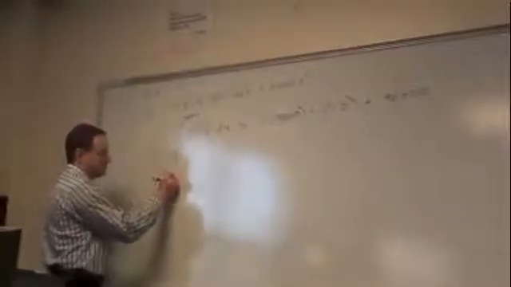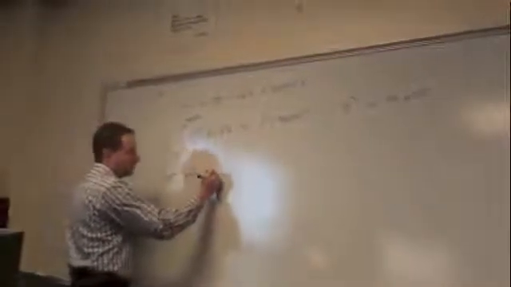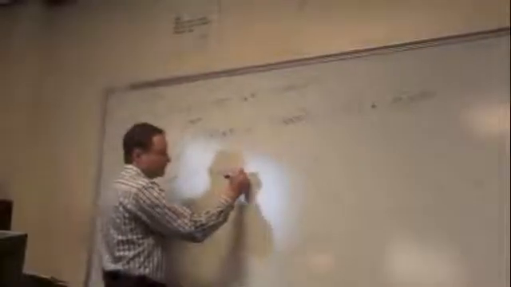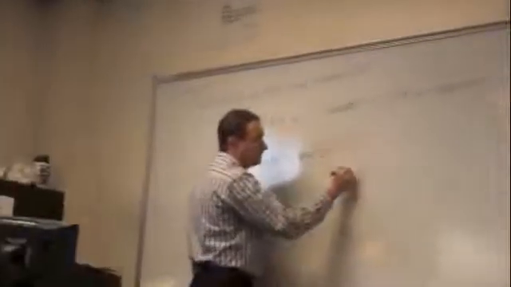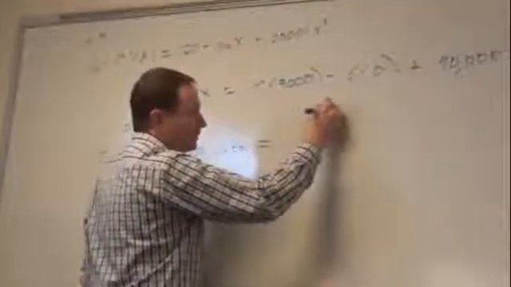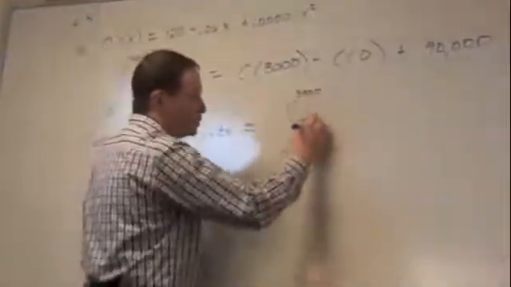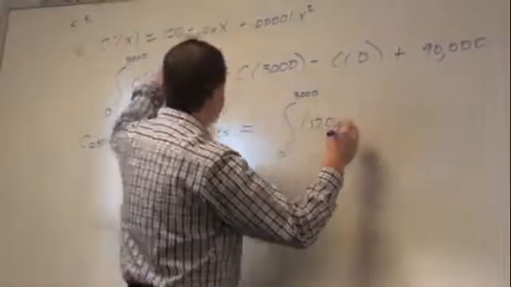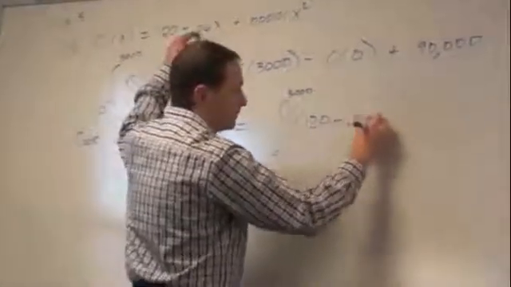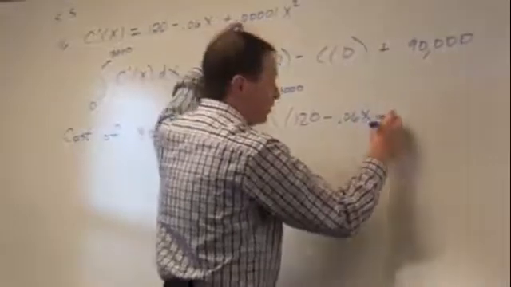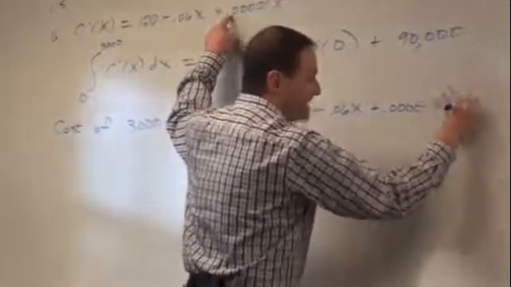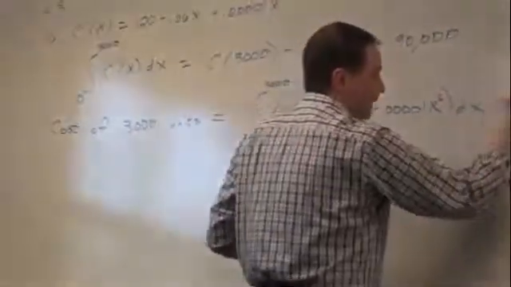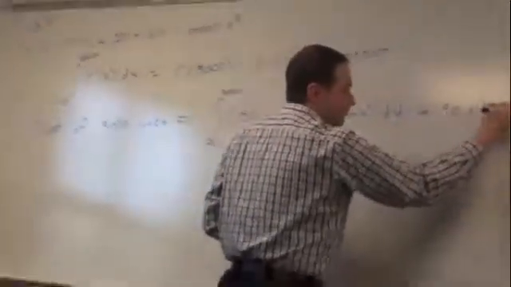So I'll say, okay, the cost of 3,000 units is going to equal the integral from 0 to 3,000 of 120 minus 0.06x plus 0.00001x squared dx, and then I'll say plus 90,000 for the setup cost.